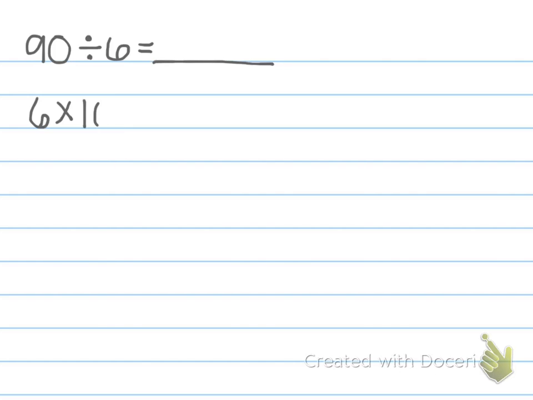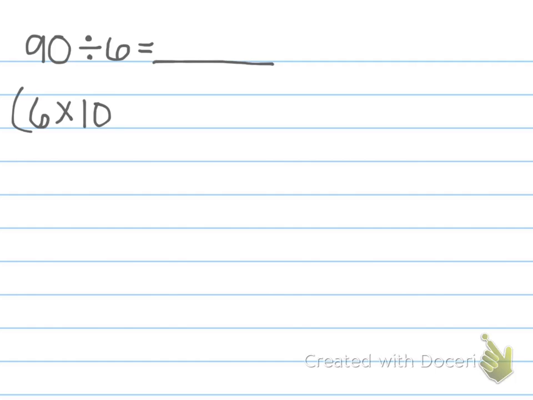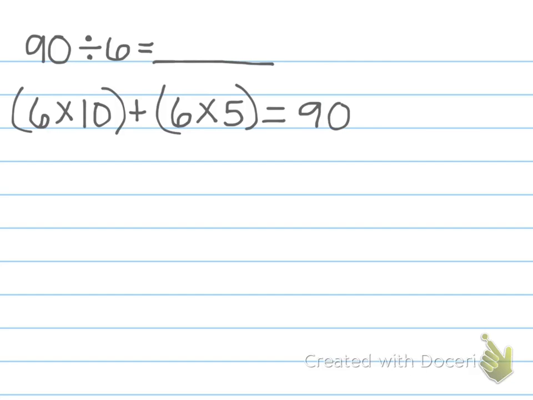6 times 10, using the 10 to make 60, in parentheses, plus 6 times 5 to get to 30 will give me 90. And if we actually solve this, 6 times 10 is 60, 6 times 5 is 30, which does equal 90.